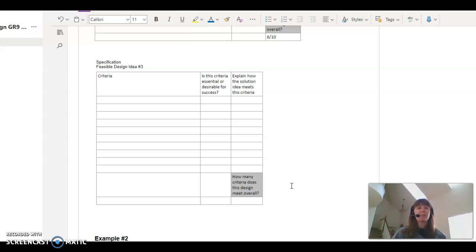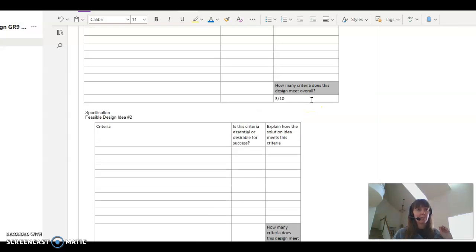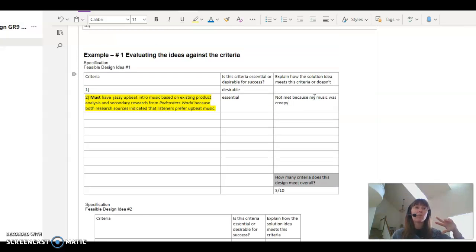And you're going to upload it to ManageBack. Remember, I love a screenshot uploaded to ManageBack. You can also save this as a Google Doc or a Word as a PDF and upload it to me that way. I just need to see all of those three. Remember, you're going to have 3 tables with your criteria against your 3 different feasible ideas, and I'm going to go over that next.